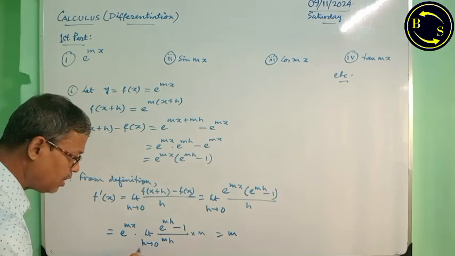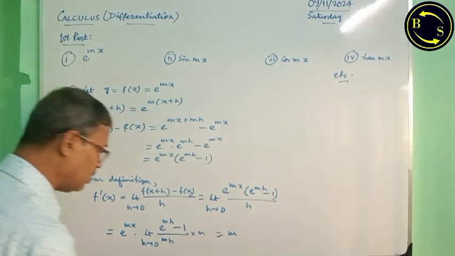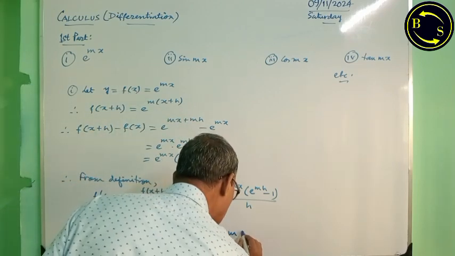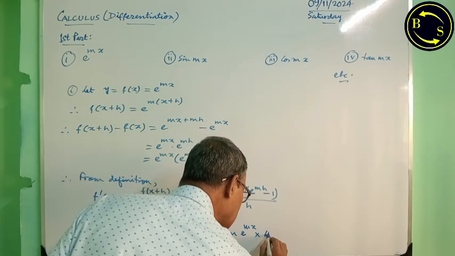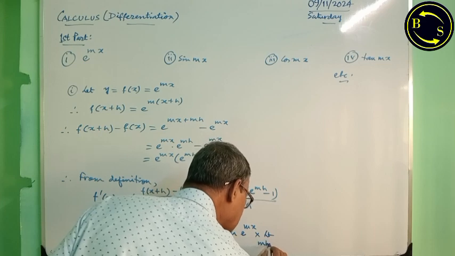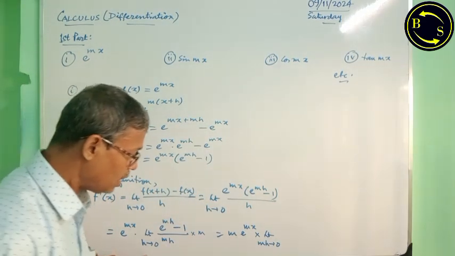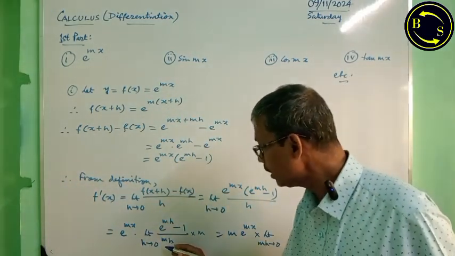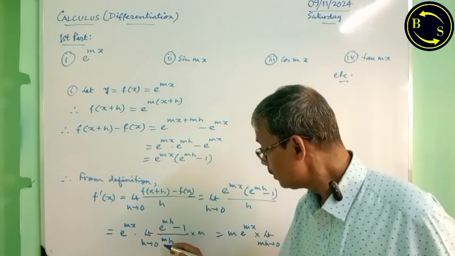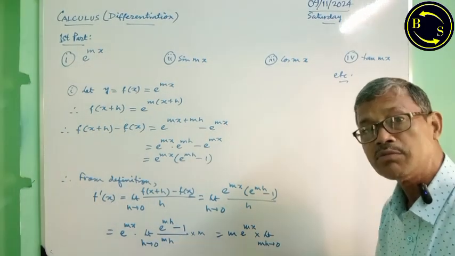Here h is variable. Note this, limit h tends to 0 means h is variable. Therefore m e to the power mx into limit mh tends to 0, h tends to 0. Therefore if we multiply that by a constant m, that will also be very small.